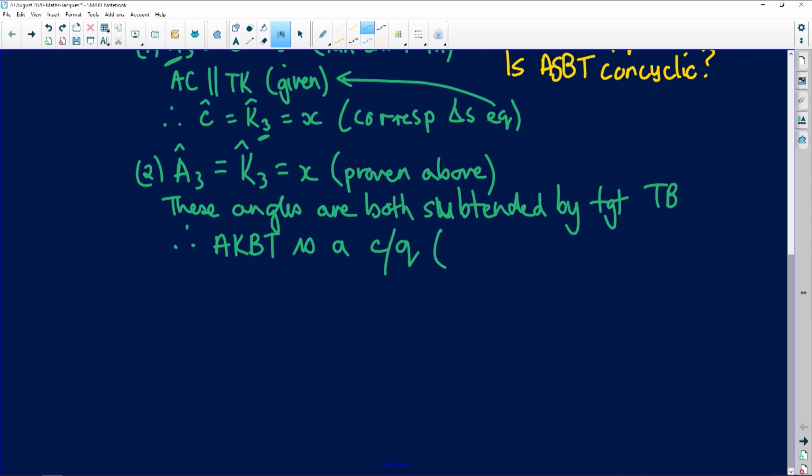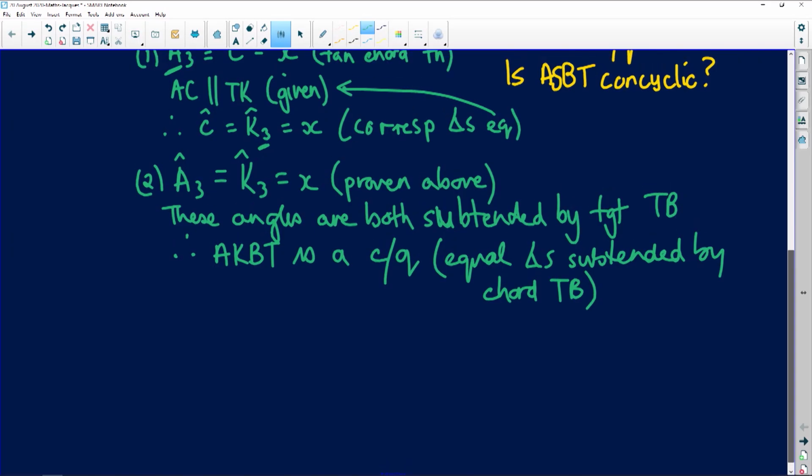Why is that so? Angles equal. Let me rewrite this reason. Where's my green? Equal angles subtended by chord in this case or tangent TB. Okay, but that's for 2 marks. So it's the connection we made between angle A3 and K3.